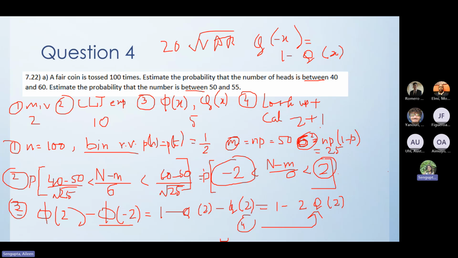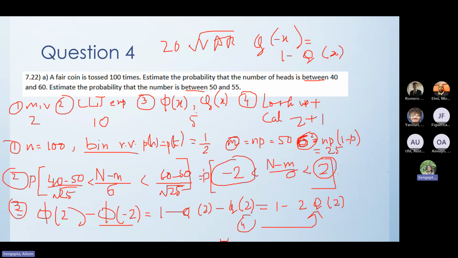So again, remember that the last step contains the least amount of things. You have to concentrate on building your expression for the CLT and then how you're dealing with the phi of x and Q of x. That's your entire problem set for CLT. It doesn't matter even if it's given greater than 40 or less than 60. It's the same format for any of those. Same rubrics, basically.